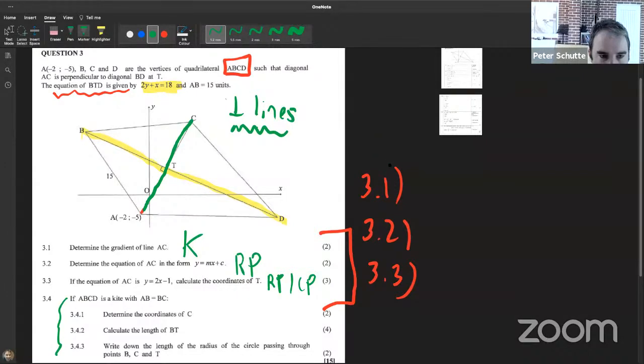And for those of us who are waiting, remember 3.1, 3.2, and 3.3. Okay, so I'll give you 30 more seconds. There's a wonderful celebration waiting for the person who gets this.